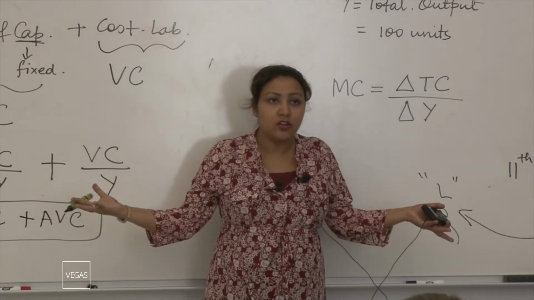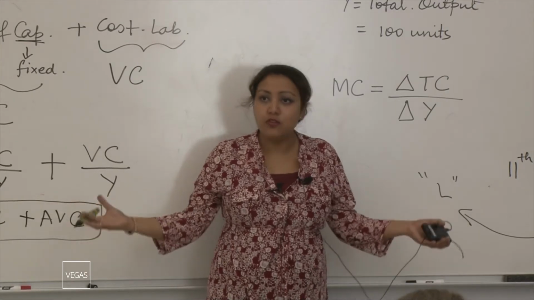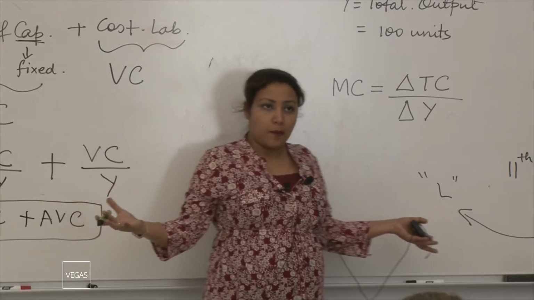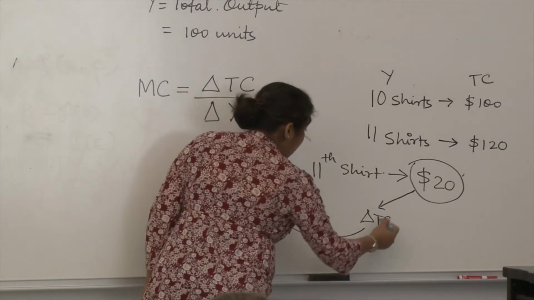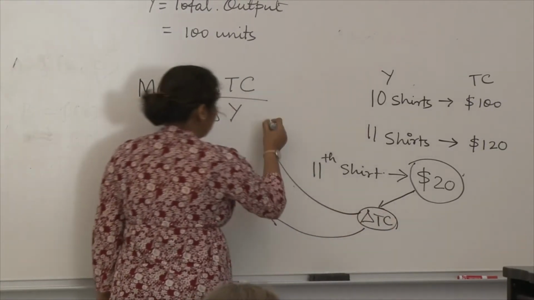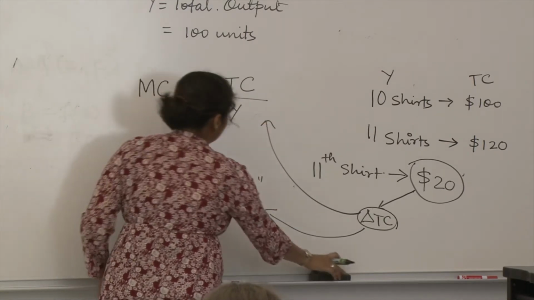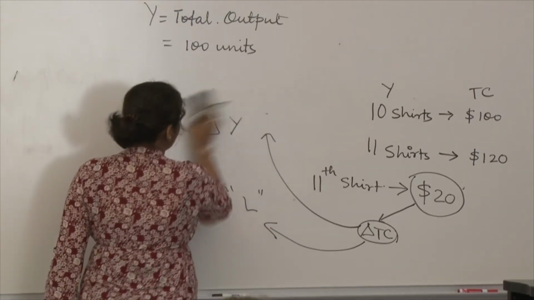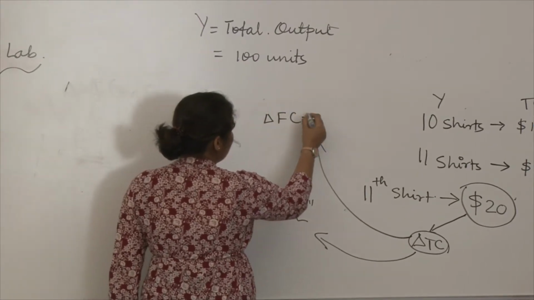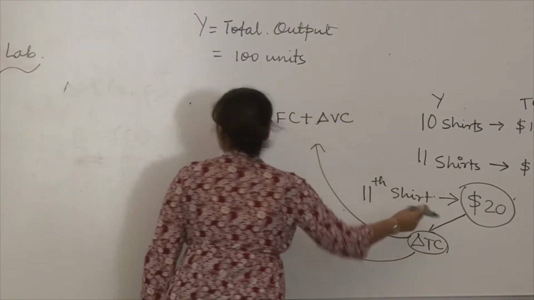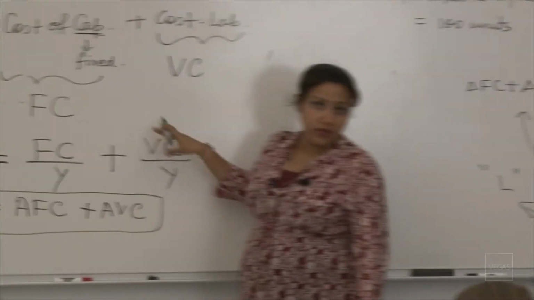So this change in total cost must be the change in fixed cost plus the change in variable cost, because total cost is fixed cost plus variable cost.